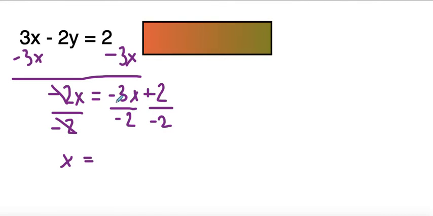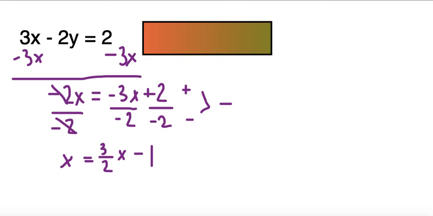On the right-hand side, I have a negative 3 over a negative 2, so negative over negative is going to be a positive 3 halves. So there's my slope, 3 halves x. And I have a positive 2 over a negative 2, so a positive divided by a negative is going to give me a negative, right? So now I have a negative 1 or minus 1.